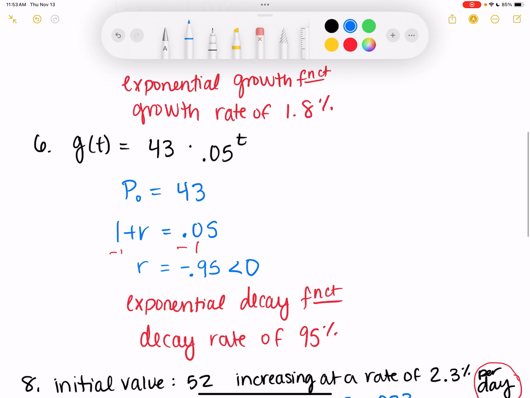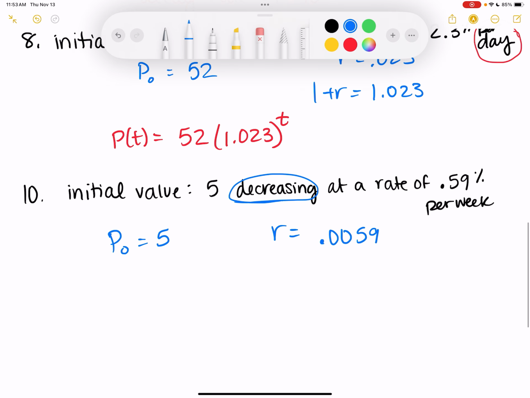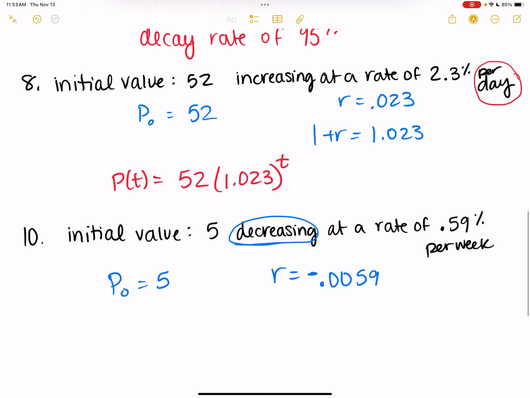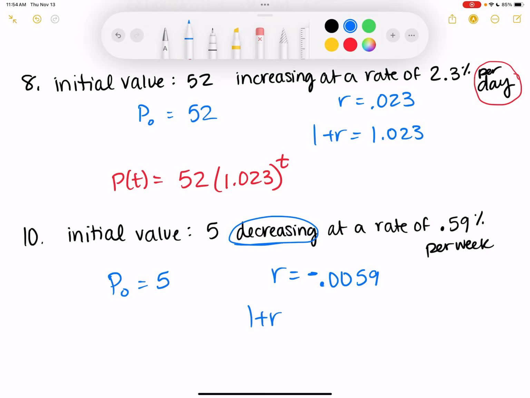What happened up here when I got a decay rate or decreasing? Oh, it became negative. So we need to put a negative sign on that. So you got to watch the wording here. The previous one was increasing, so it was positive. But if it's decreasing, it's negative. So 1 plus R, I'm going to add 1 to this number.